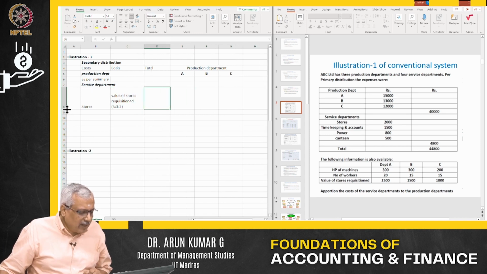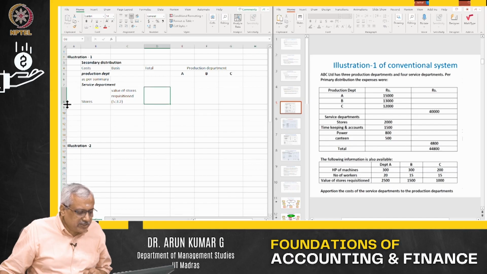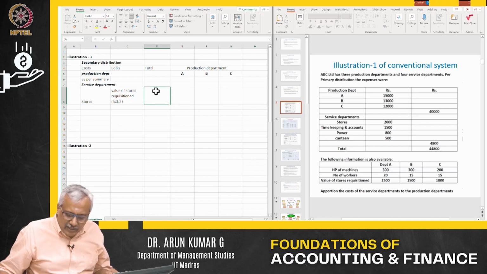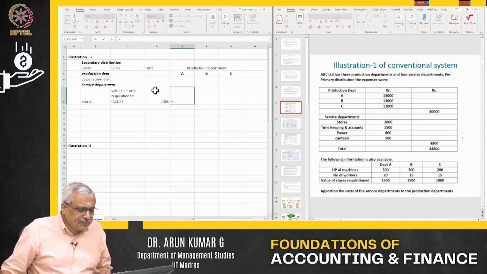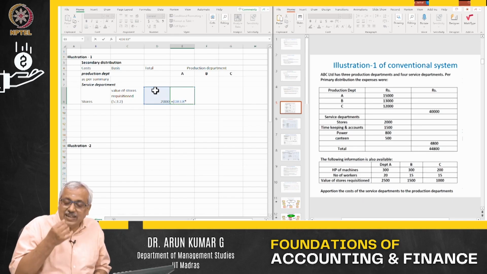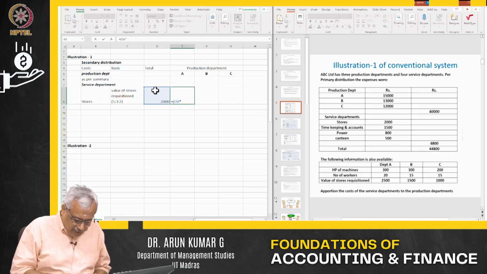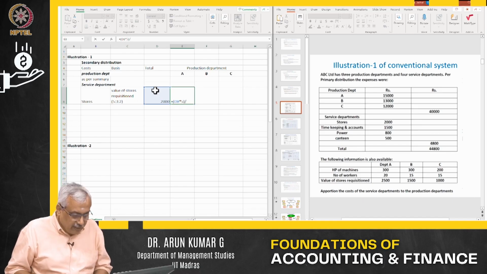So, what is the total value of the stores requisition in this particular case? The total value that is to be accommodated is 2000. I will take this figure into 5 plus 3 is 8, 8 plus 2 is 10, so into 5 divided by 10. That is all I am going to do.